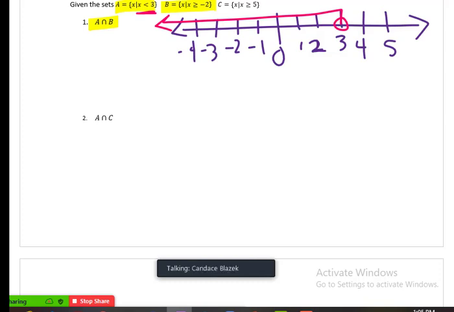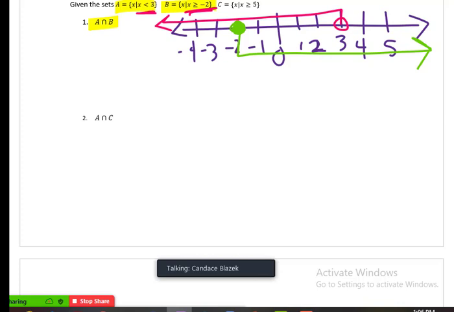All right, next I'm going to go to B. Focus on B. B is all the values of x that are greater than or equal to -2. So with that, greater than or equal to, I'm going to have a solid line, right? There's my solid line, and it's going to be all of the values that are greater than -2.